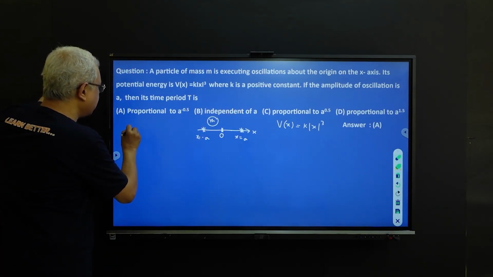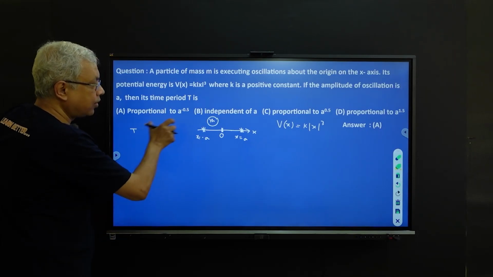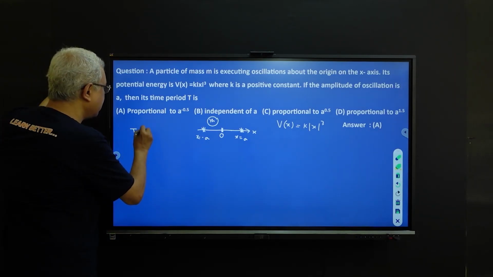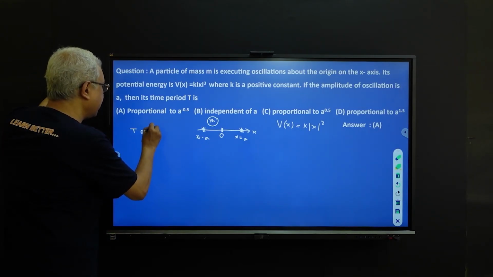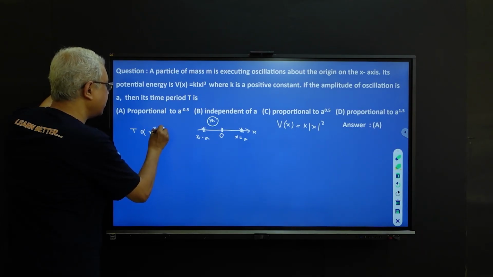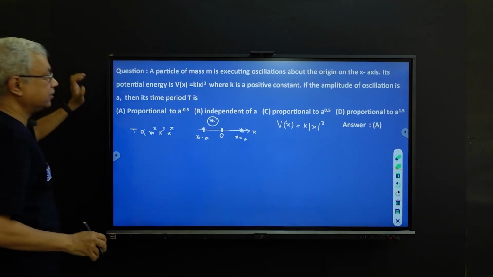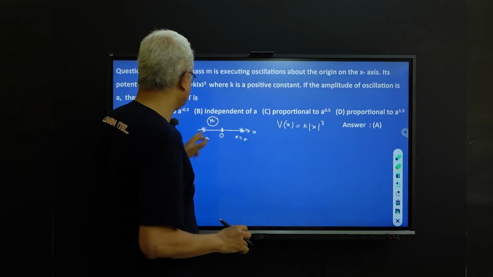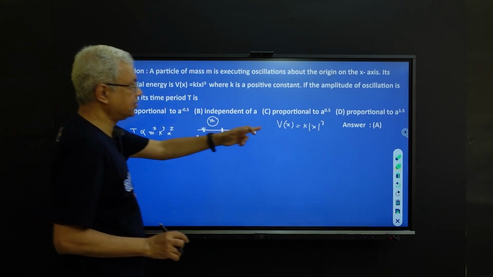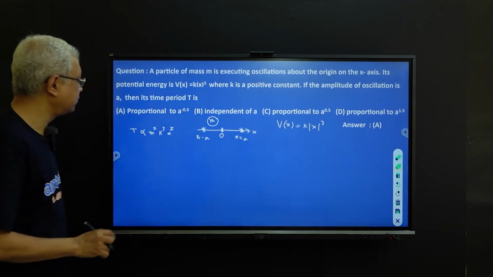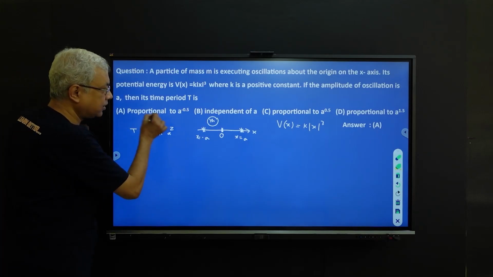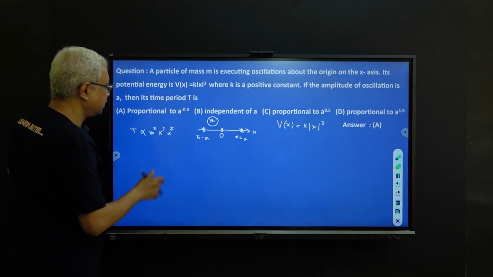Let us assume that the period T of oscillation is proportional to m to the power x, k to the power y, and A to the power z. So three parameters: mass, k is this constant, and A is the amplitude. And we assume they are specified in this problem.